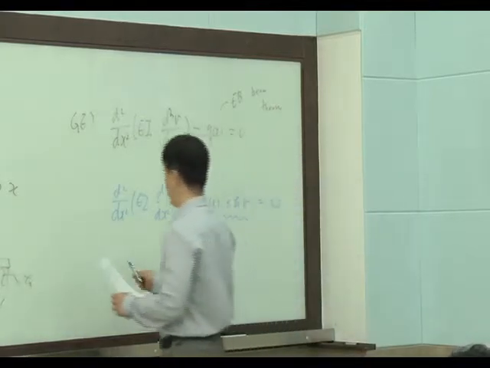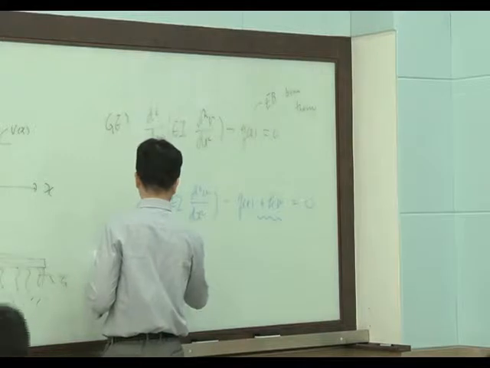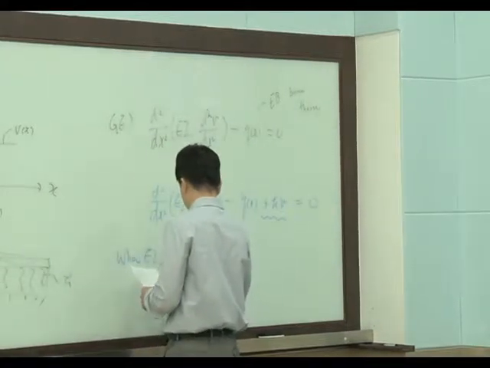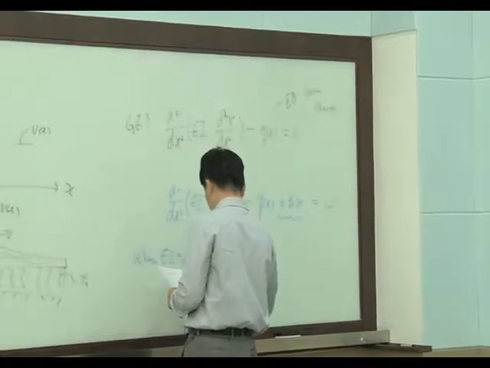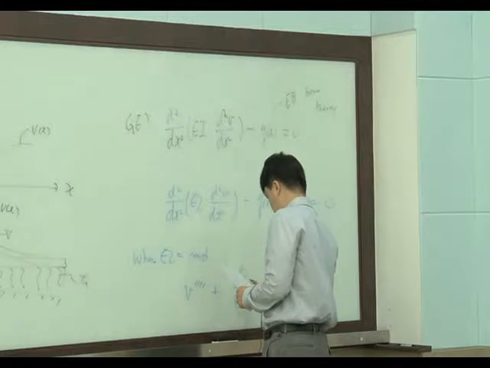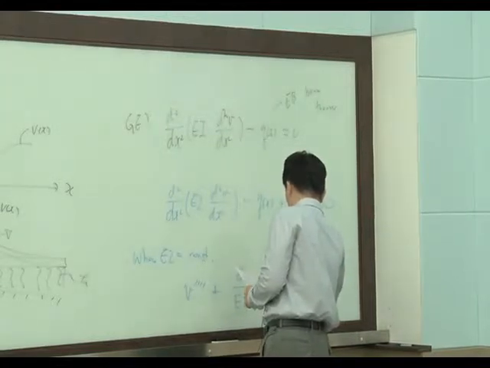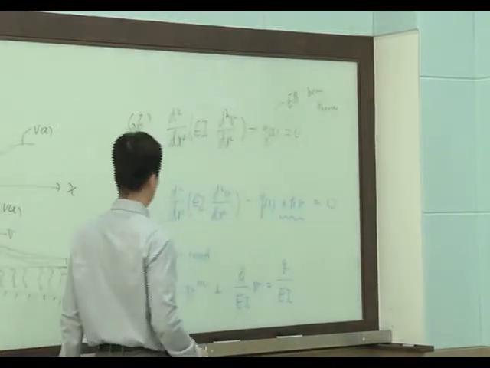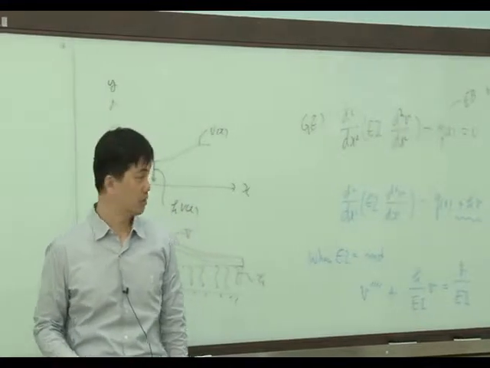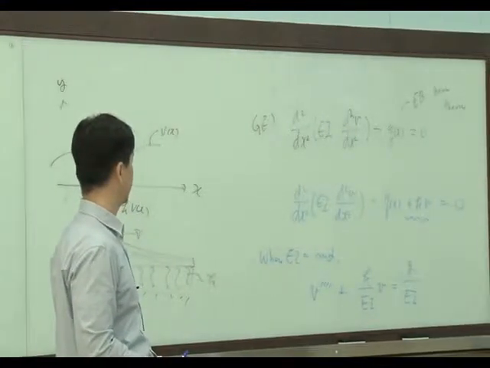And when EI is constant, the equation becomes EI v'''' plus K v equals q. So we have a simple ordinary differential equation. Looks like that.